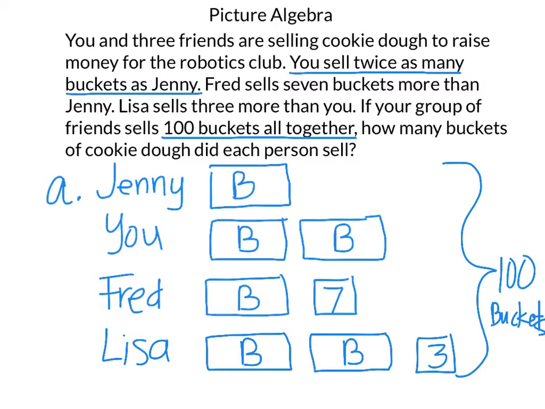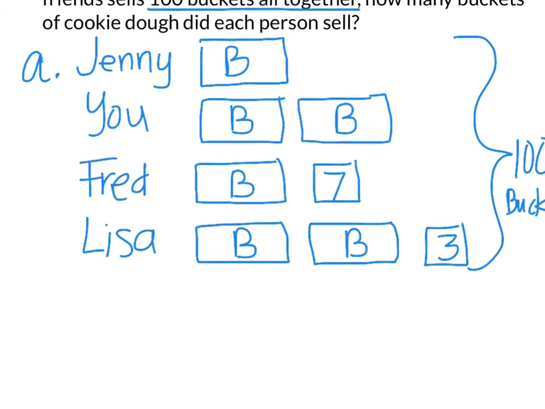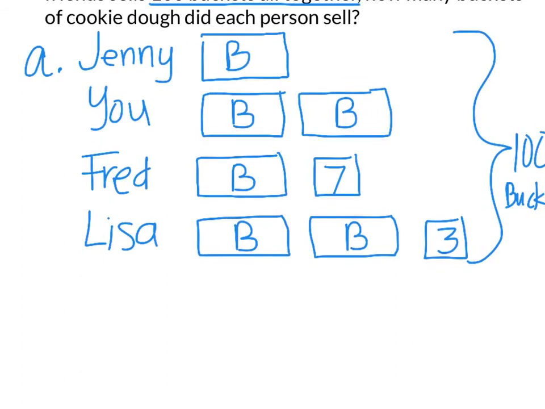Now part B is going to be to determine how many buckets in all. So I'm going to start with what I do know. I know the 7 and the 3, and if I take away the 7 and the 3, I'm basically taking off 10 from that, so that's 90. And then I've got 1, 2, 3, 4, 5, 6 equal amounts.